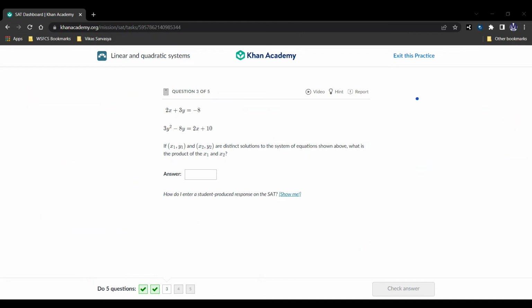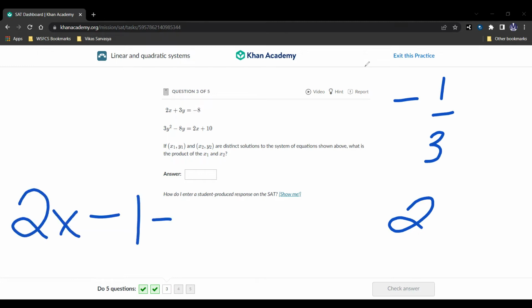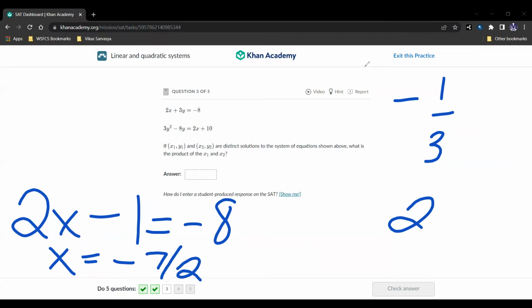So we want our x values. Plug back into the equation. This looks like the easiest one to do. So we plug in those there and we get, for the first one, 2x minus 1 equals negative 8. So 2x equals negative 7 and x is negative 7 halves. The second one, 2x plus 6 equals negative 8.